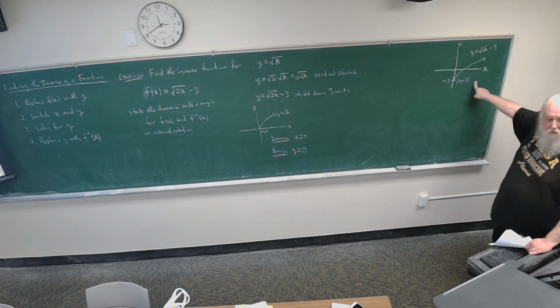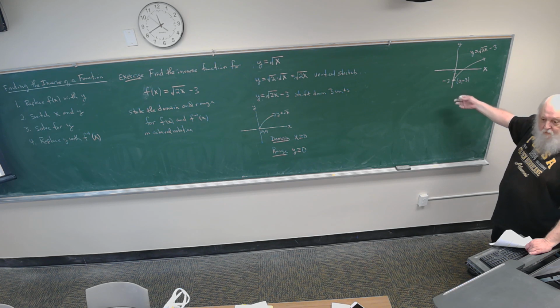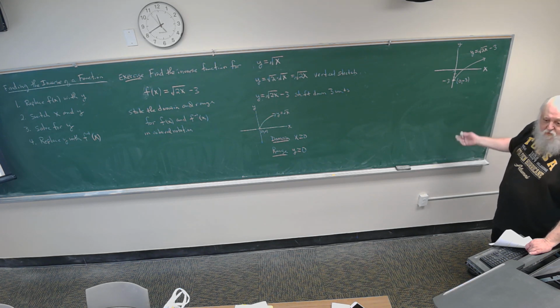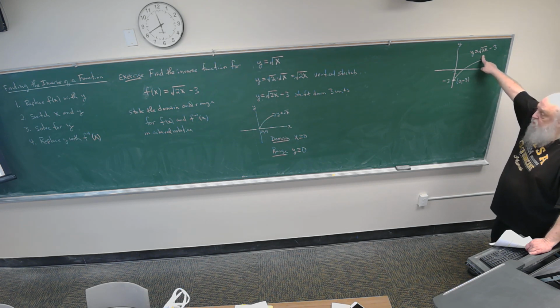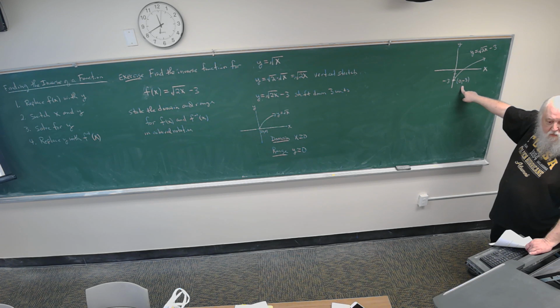Now, by visual inspection, we did this for exam 1, right? 2.1 part 1. You were given a graph, and you had to tell me what's the domain of this function and what's the range of this function, right? So given the graph of this f of x, okay, what's the domain? 0 to infinity. 0 to infinity, right?